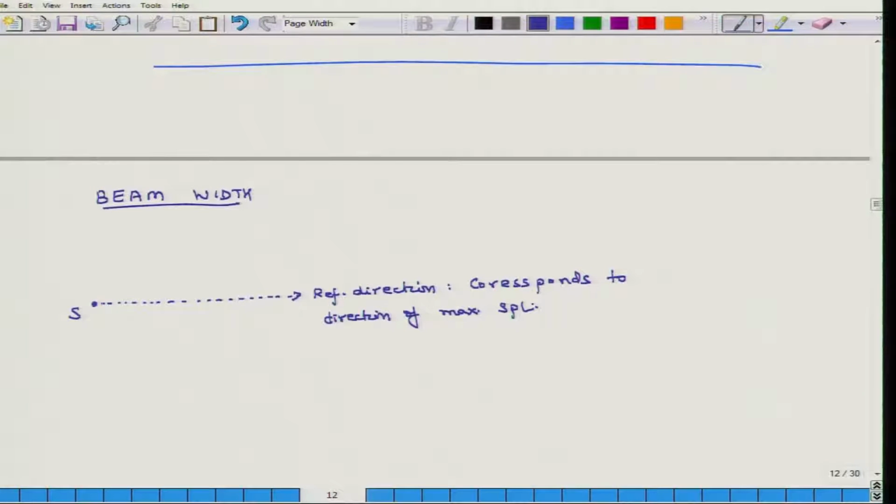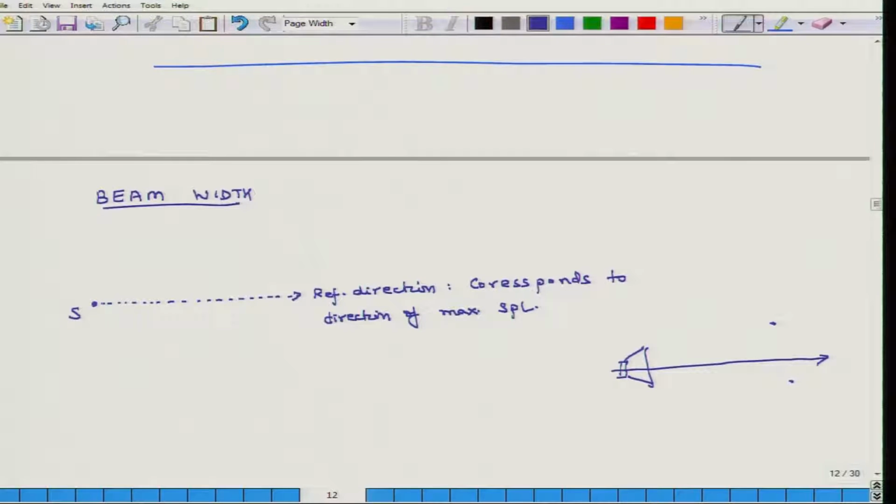Consider a loudspeaker, for example. In this direction the sound pressure level is maximum, but it is not that much in this direction. So, that is our reference direction.